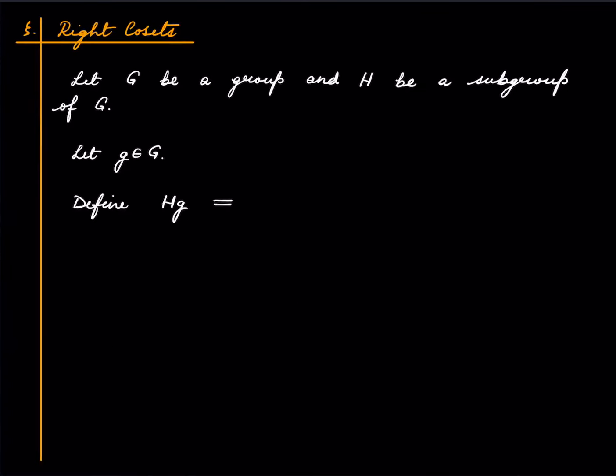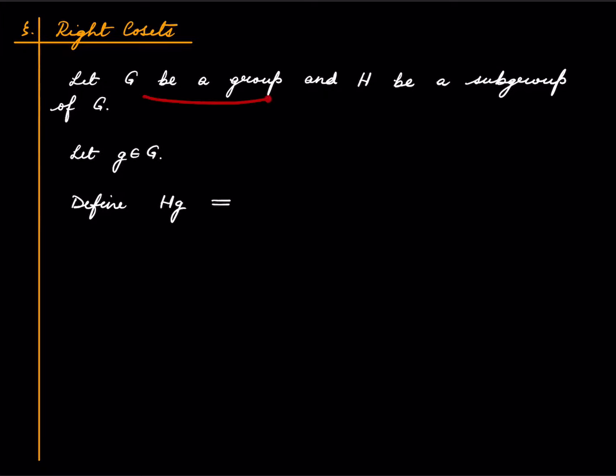Okay, let me just make a comment about right cosets and end this lecture. So fix a group and a subgroup of it, and take some arbitrary element in the group. Then this notation is supposed to mean this particular subset of the group.